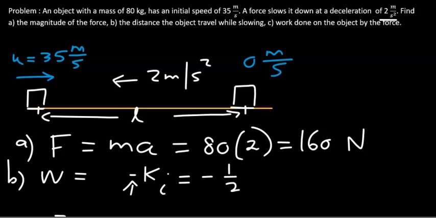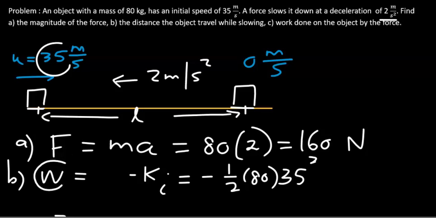The initial kinetic energy is half times the mass, which is 80, times the square of this initial speed, which is 35. So we square that. Now let's compute the work. Work is done by this force, which is heading to the left. The displacement is to the right.